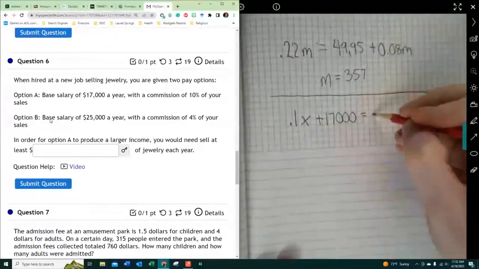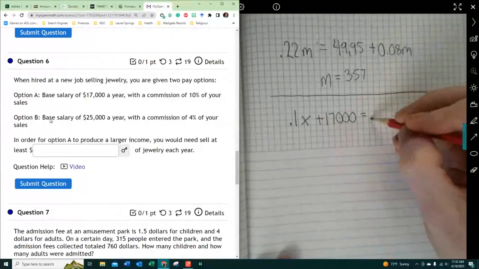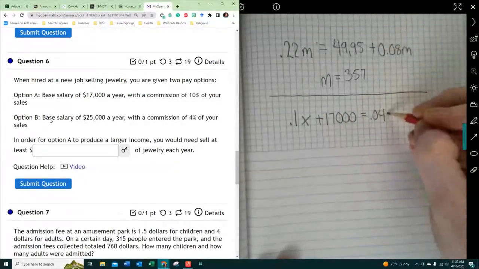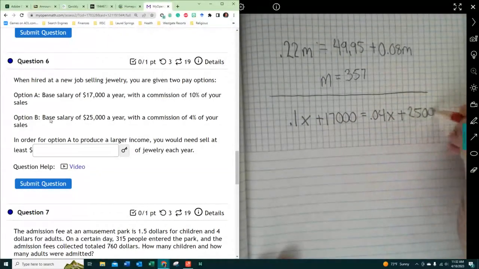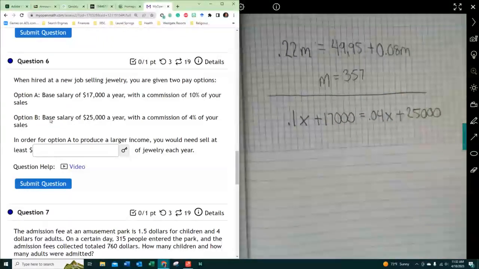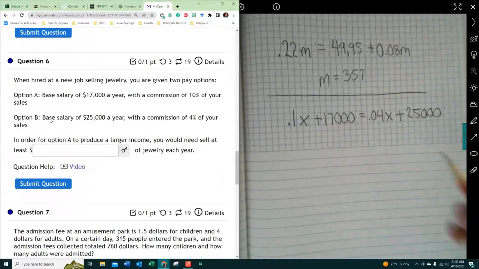And we're going to set that equal to 0.04 times X plus 25,000. If you're not good at selling things, you might want to have a higher salary.